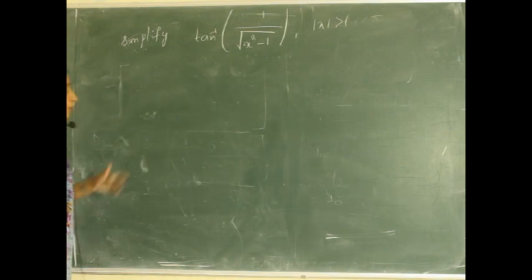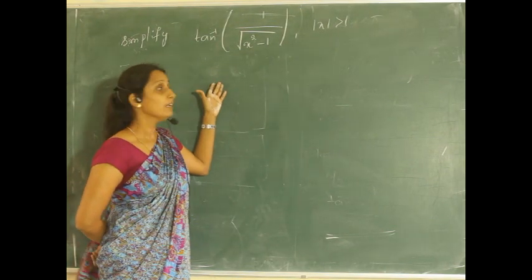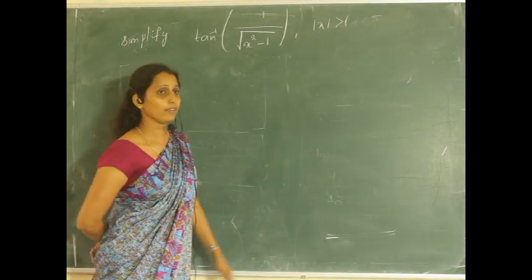See, this is also a problem. Already we have solved one problem, that is cot inverse of 1 by root of x square minus 1.